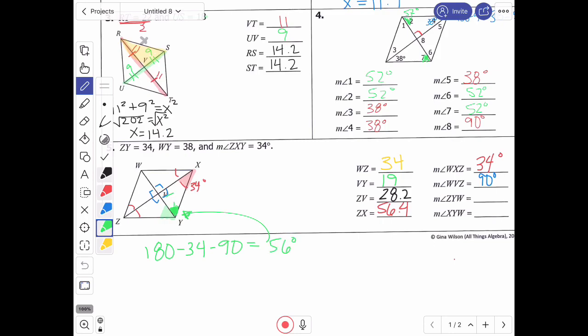So this angle is 56 degrees, and since these angles are right next to each other and one of those diagonals is bisecting it, it's going to make those two congruent. So angle ZYW is also 56.